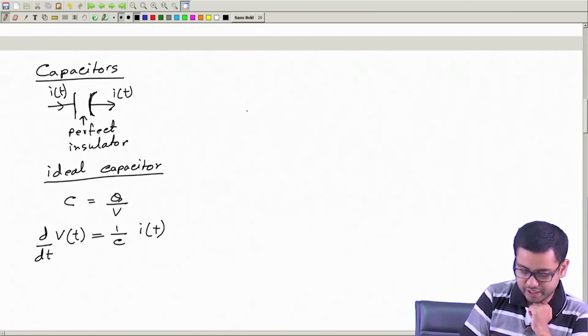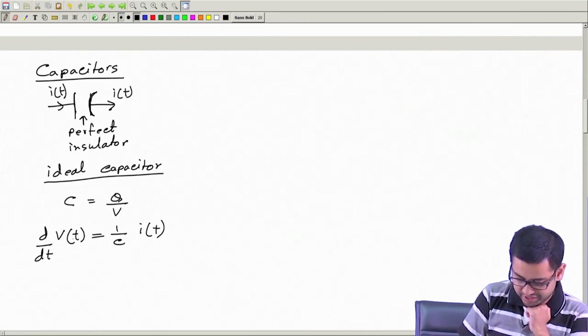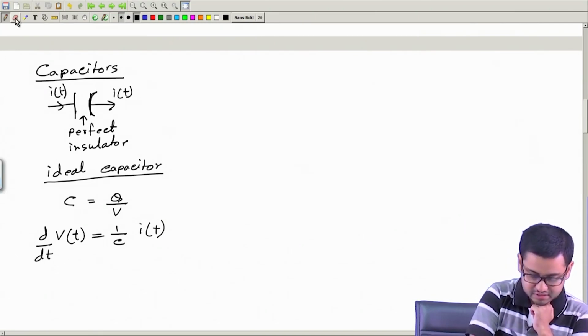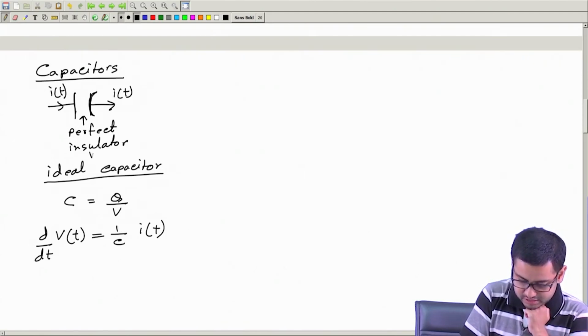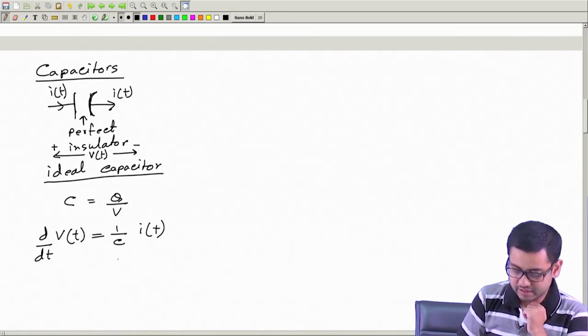And the voltage that we are referring to here is this voltage. Let me draw it here, V(t), with this side positive and this side as the negative reference.